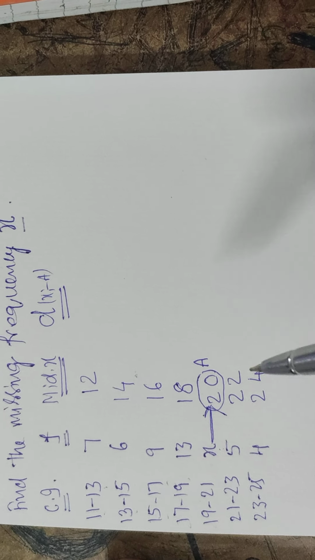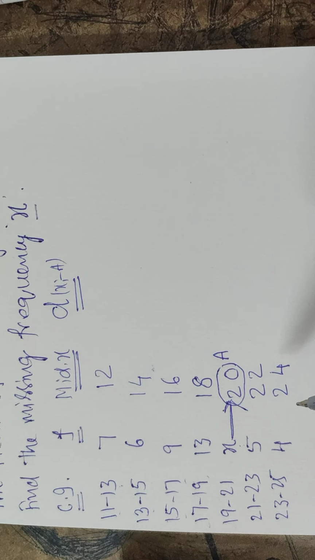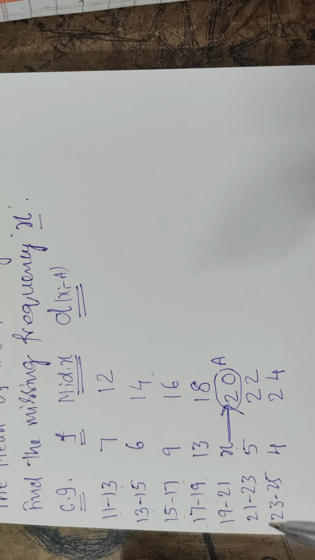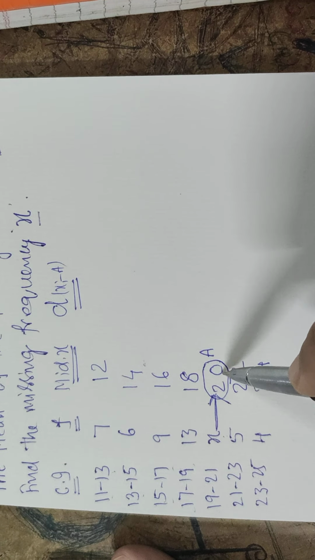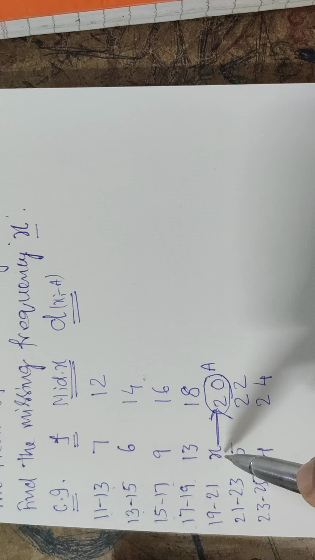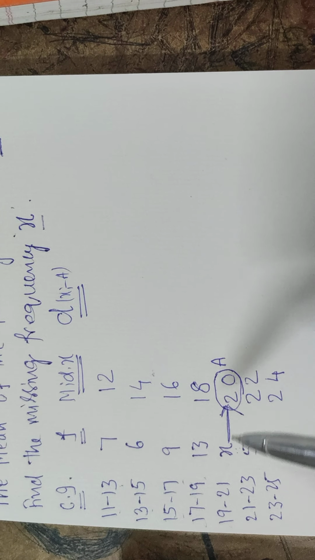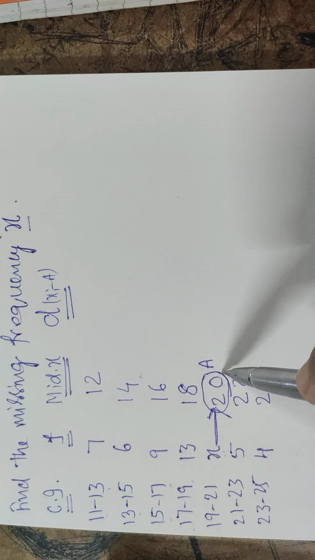For easier calculations, I told you the mid value, that is in the normal case. But here, in the case of missing frequency, please remember, the mid x value straight opposite to the missing frequency, you take it as a.